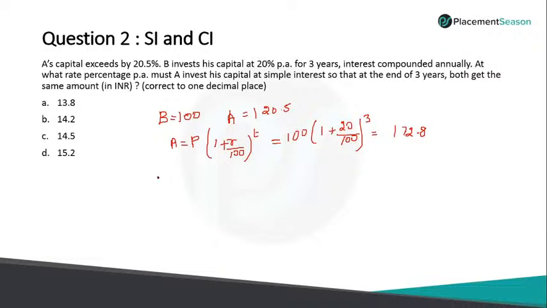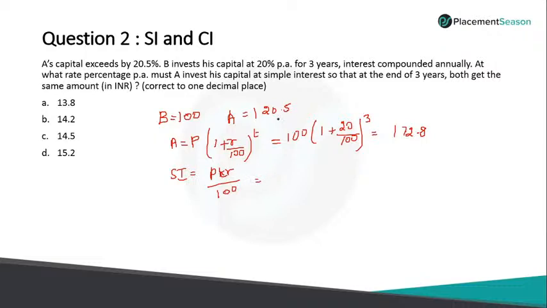Now what is the formula for simple interest? Simple interest is very simple: simple interest is equal to PNR by 100. I'll just change the terms here. Since I've considered time as t, here also I consider t. It's PTR by 100 or PRT by 100, however you call it.